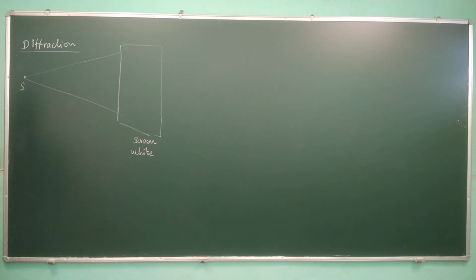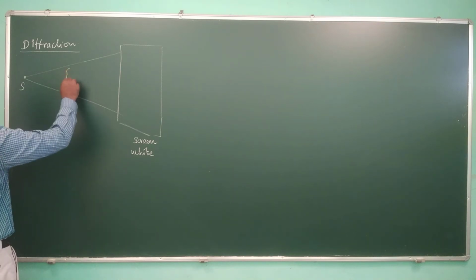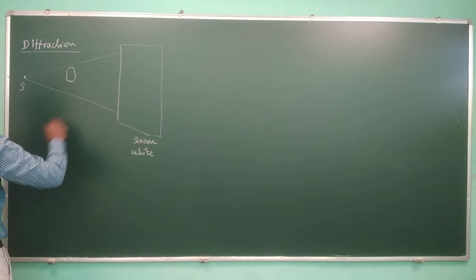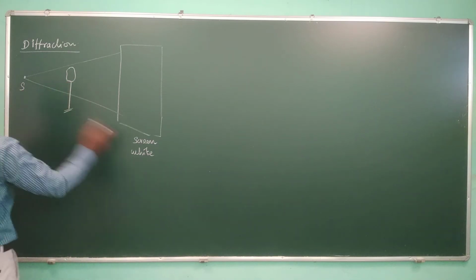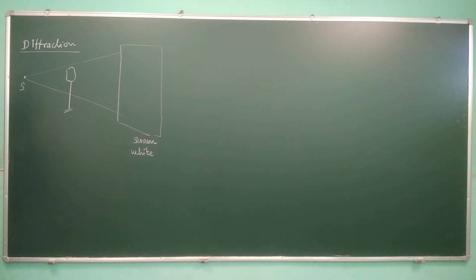Suppose an opaque object is placed with a stand in between the screen and the light source. What will happen?